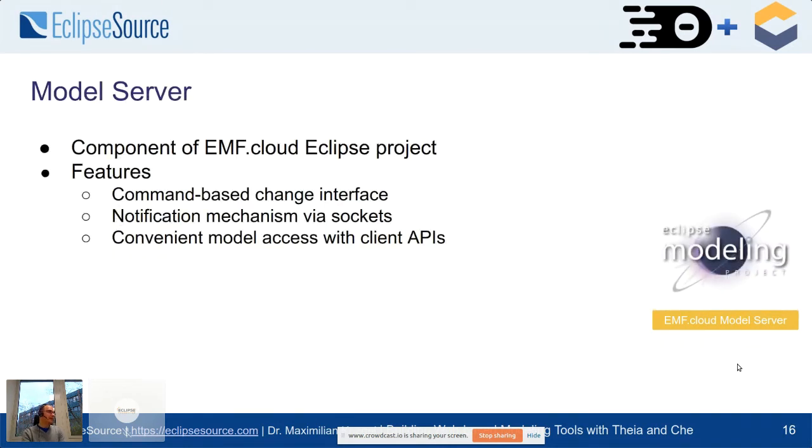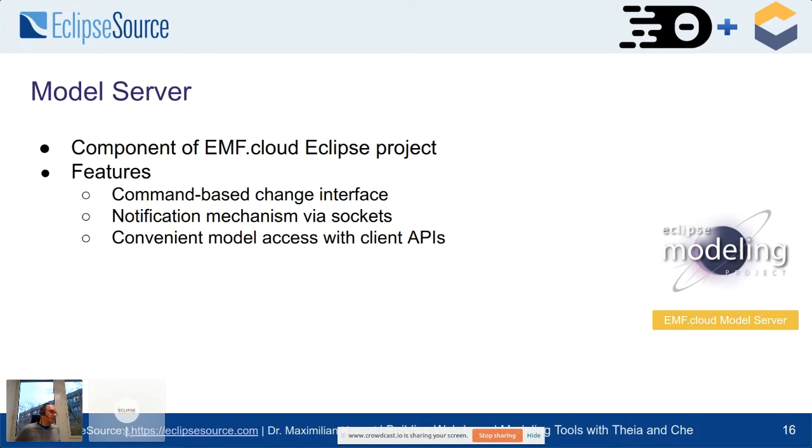So the model server itself is a component of the emf.cloud Eclipse project. If you are familiar with EMF, I like to say that it's basically like a resource set with an editing domain, just with a remote interface. So in particular, it is not concerned with persisting the model. It is not concerned with versioning the model. It's just concerned with coordinating changes, parallel changes on the model by different editors.